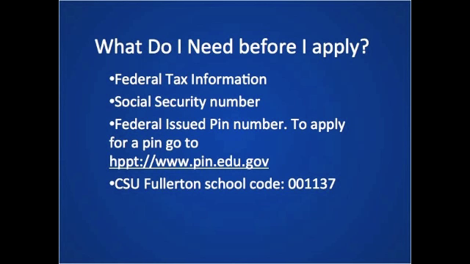Second, you're going to need to have your Social Security number. If you are married, you are also going to need to have the Social Security number of your spouse. Third, you're going to need your federal issued PIN. You're going to need to have your PIN ready in order for you to electronically sign your FAFSA application. And lastly, you're going to need to have the school code of Cal State Fullerton, which is 001137.